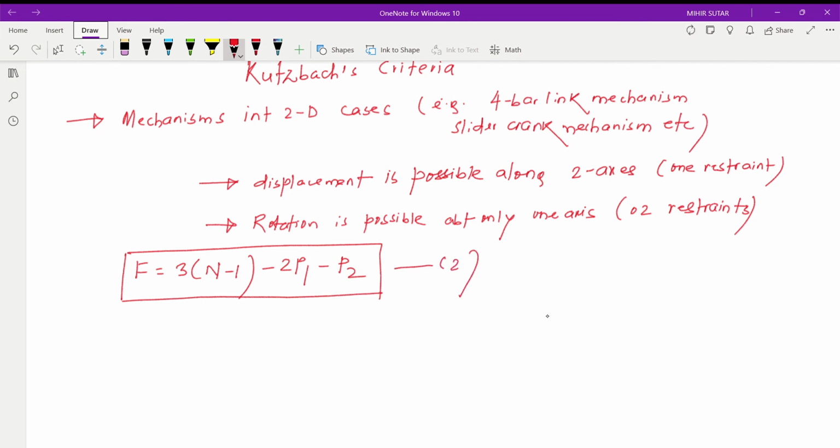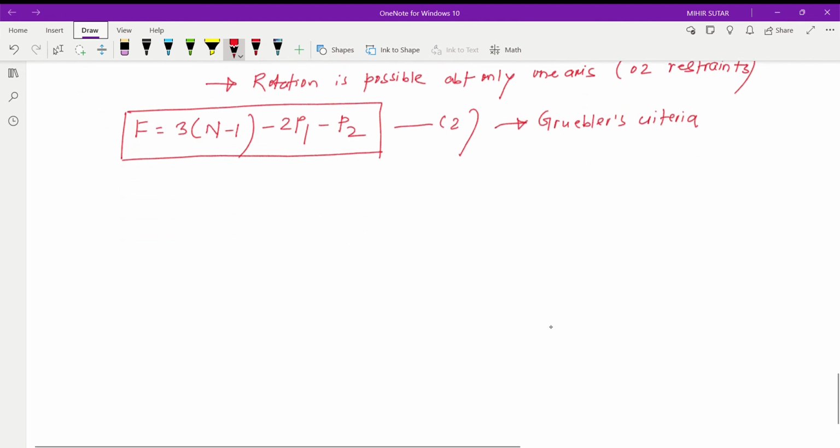Equation 2 is termed as Grubler's criteria. So using these two equations you can find the degrees of freedom of any system.